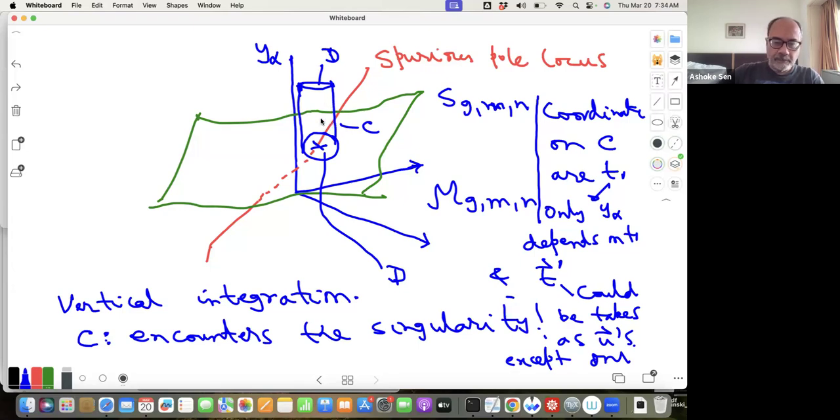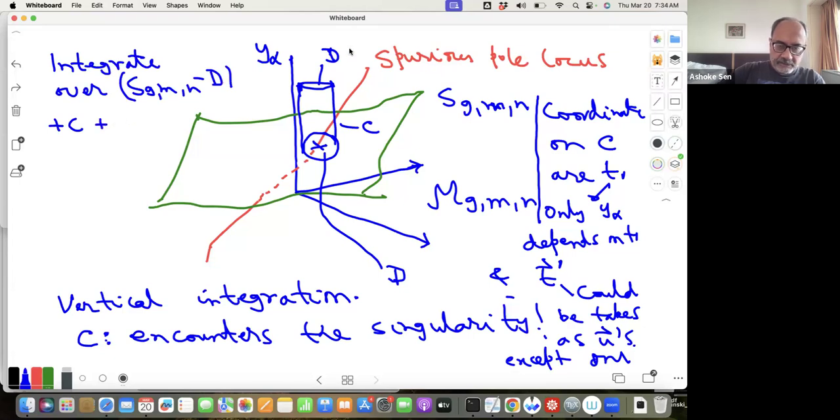That's what we are going to do: integrate over SGMN minus D plus C plus, let's call this D prime, D prime. So instead of trying to integrate through this spurious singularity, we integrate by removing the disk, then the cylinder, and then the top.